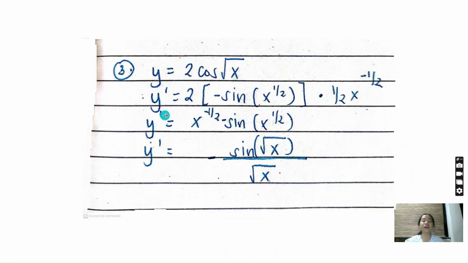To move forward, we are here in our number 3, which gives us the function y equals 2 cos square root of x.